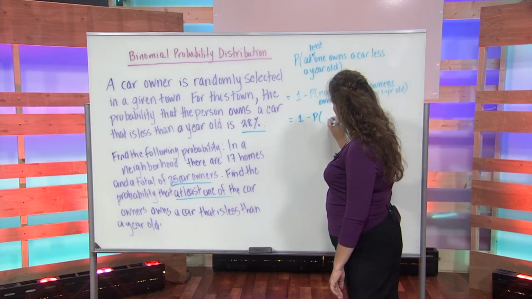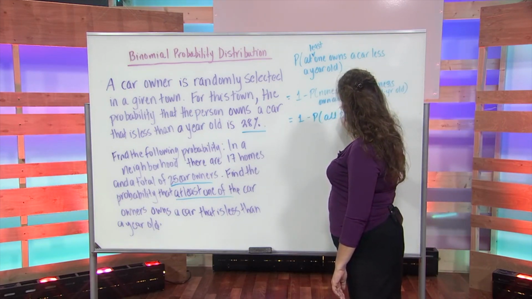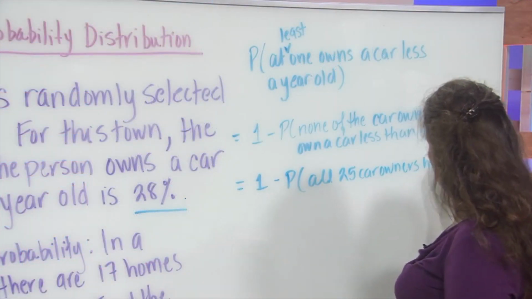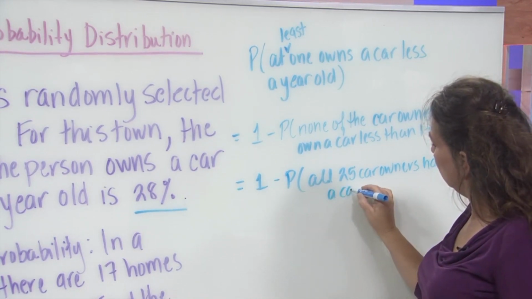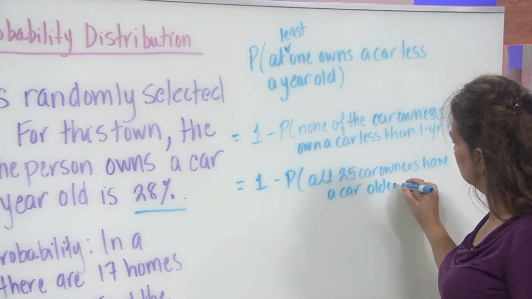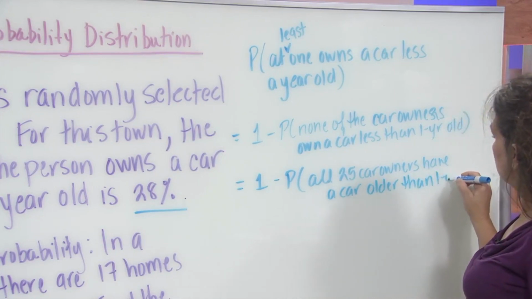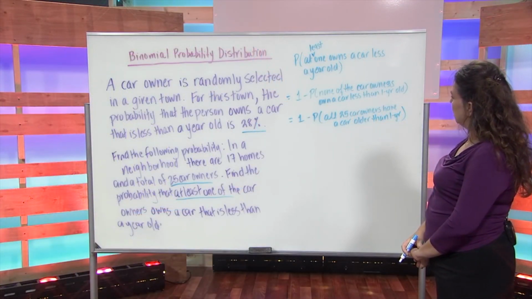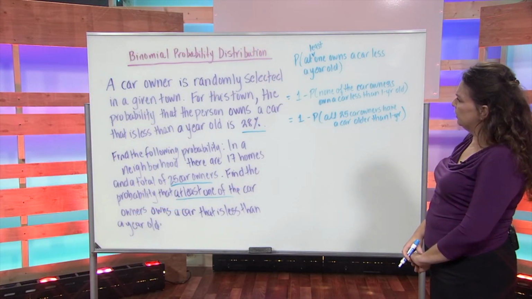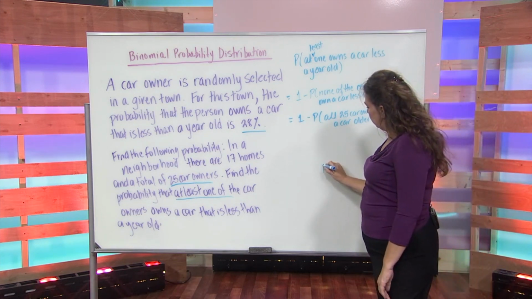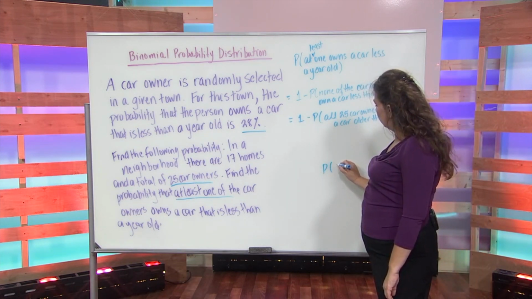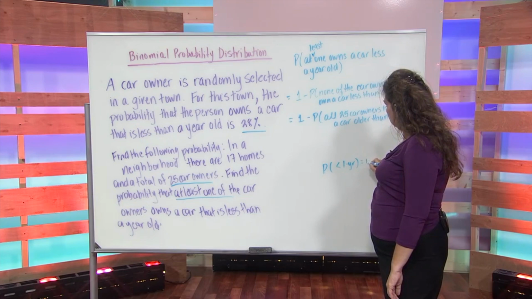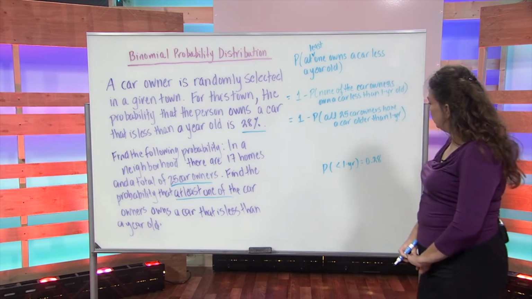So it's 1 minus the probability that all 25 car owners have a car older than 1 year. Let's see what we're given. We're given that the probability of a car owner having a car less than 1 year old is equal to 0.28.